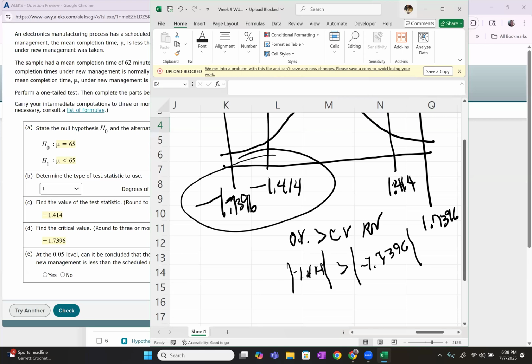No. So this is actually 1.414, which is not greater than 1.7396. So if the OV is greater than the CV, we reject the null.